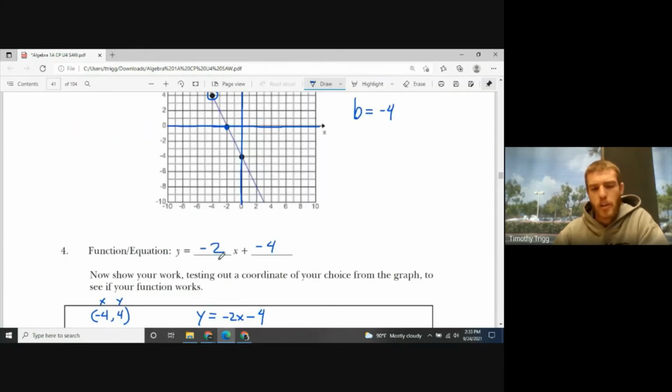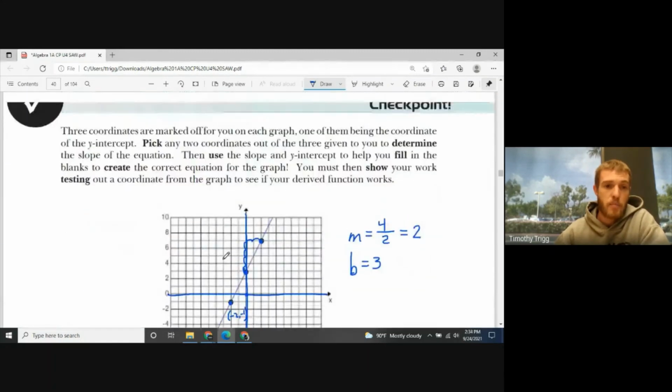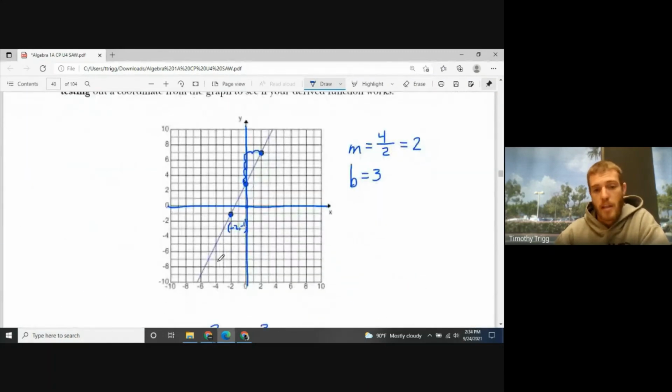Okay. Let me talk a little bit about negative and positive slopes, because this one we did on the page before, page 28. This one had a positive slope of 2. So notice this line right here is going up as you go from left to right. So if it's going up as you go from left to right, that's going to be a positive slope.